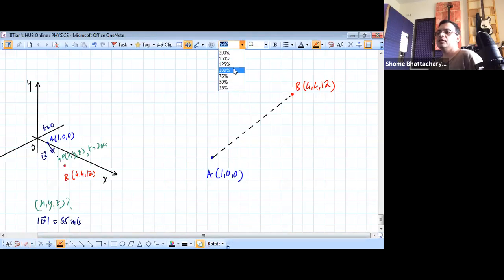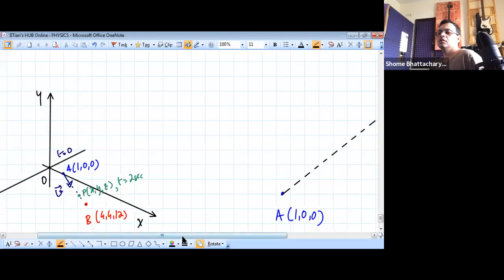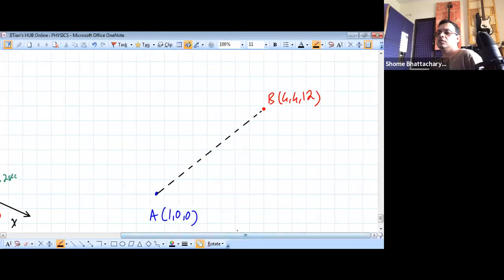You can understand that. Because it's a constant velocity, displacement should be velocity into time. So its velocity vector should be a vector which is directly aimed from the point A to the point B. From that I can understand the direction of the velocity vector. But its magnitude is 65 meters per second.